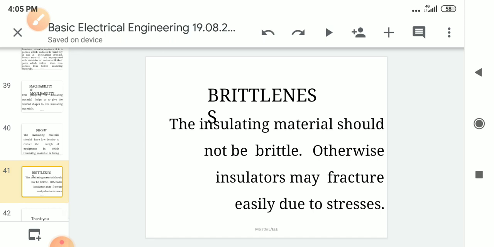After that, brittleness. The insulation material should not be brittle. Brittle means, glass is a very good insulating material, but it is very brittle in nature, right? So it has limited application.